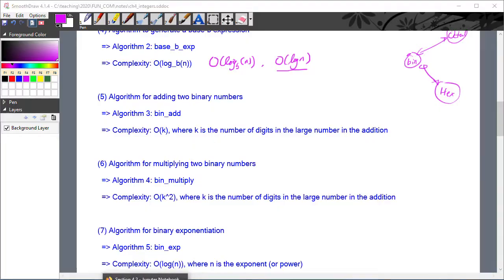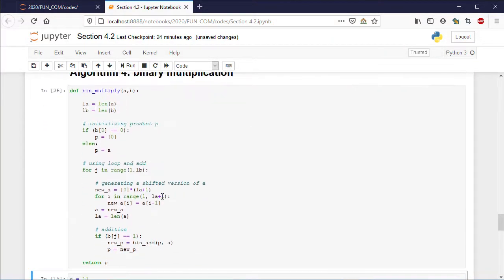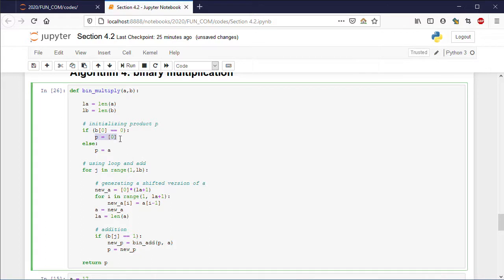So for this, I'm going to initialize P, right? This P is the product after we multiply two numbers A and B. Initialize that as a list.